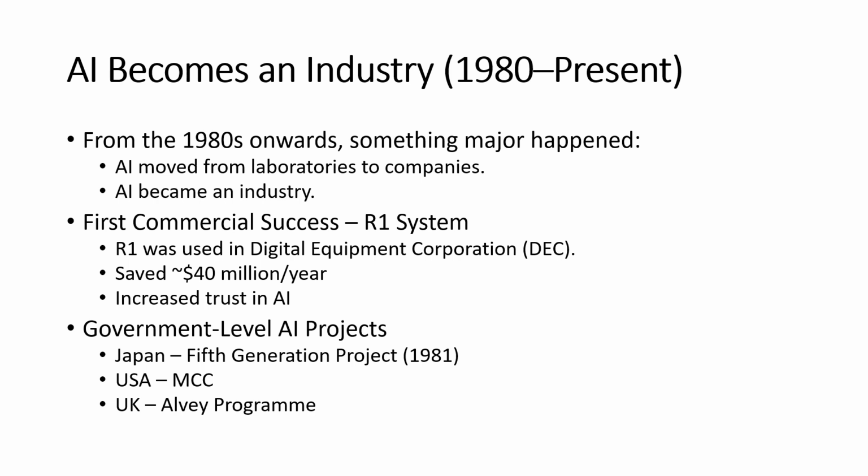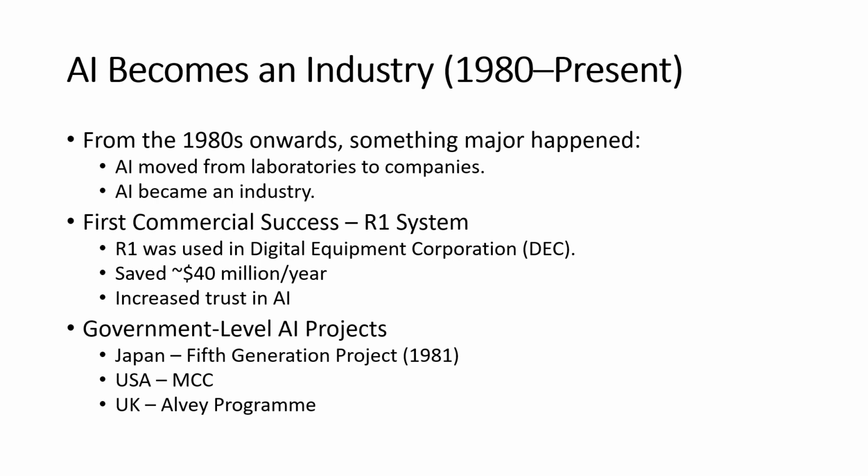Not only companies, even governments invested in AI. The most famous was Japan's project. Japan announced a 10-year plan to build intelligent computers. They planned to use logic programming, the Prolog language. That is the Fifth Generation project in 1981.